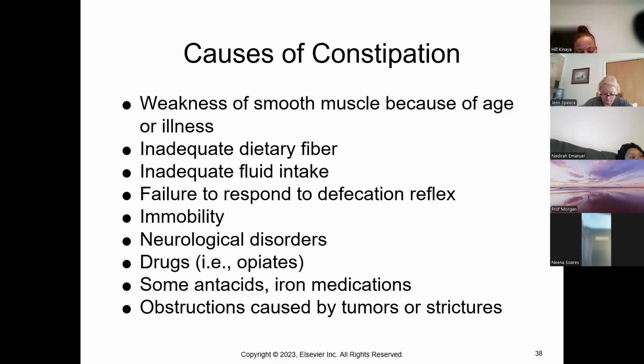Other causes are inadequate fluid intake and failure to respond to the urge to defecate. With the older adults, the fluids that they do take in are mostly diuretics. They don't drink water. Most of them are drinking coffee or alcohol or sodas, okay? And those things are all going to cause fluid to leave the body.